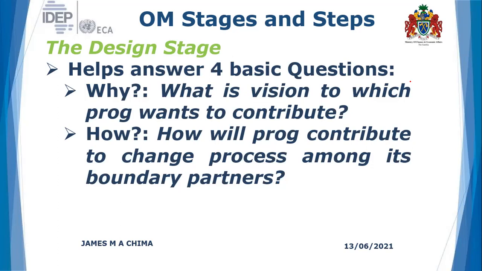What is the vision to which the program or initiative wants to contribute? Why does it have to be implemented? The second question is how? How will the program contribute to the change process that we have identified amongst boundary partners.